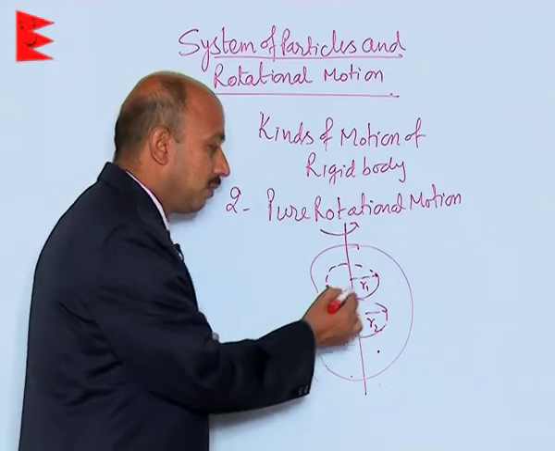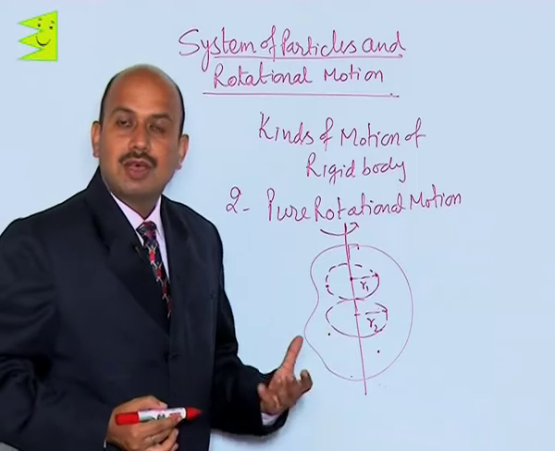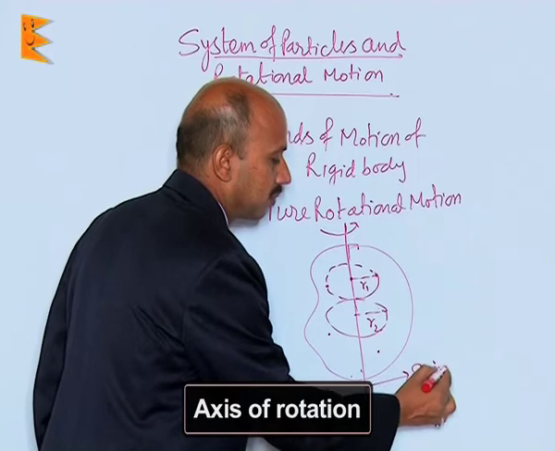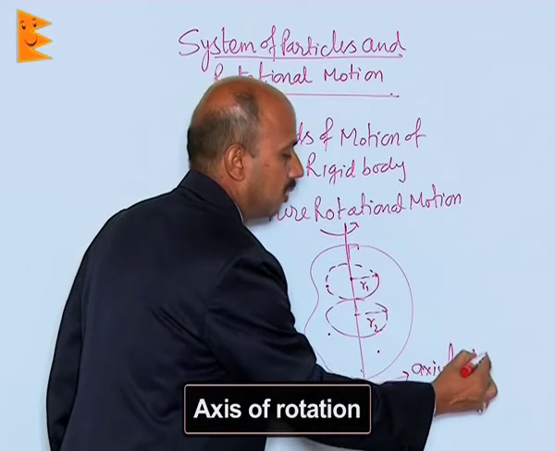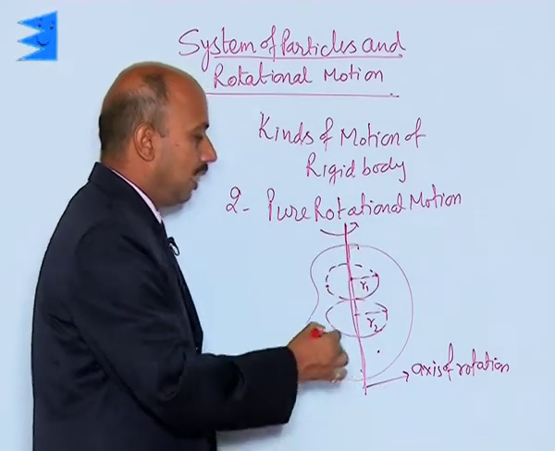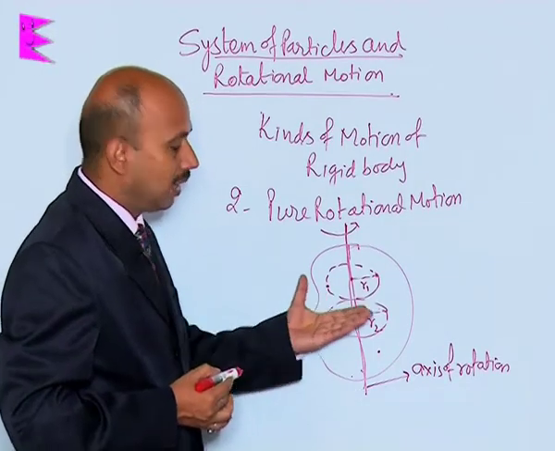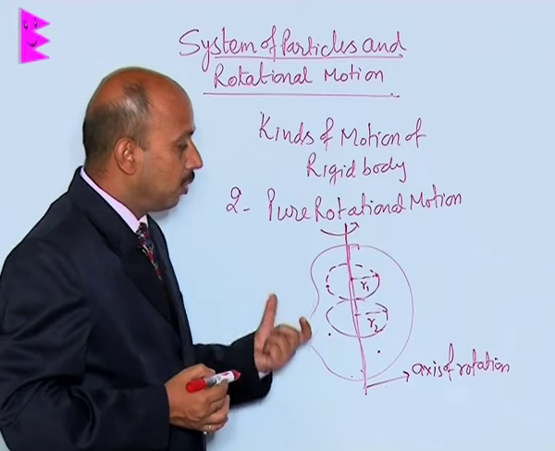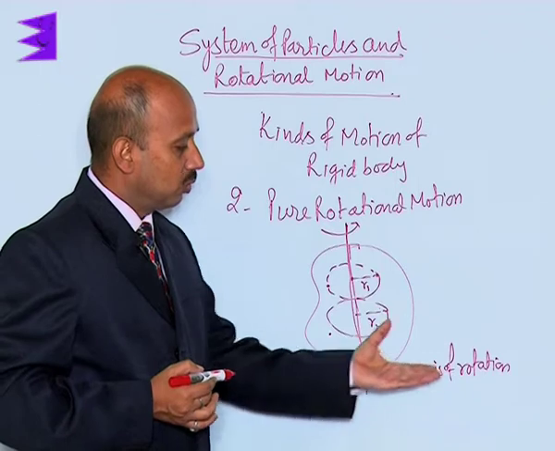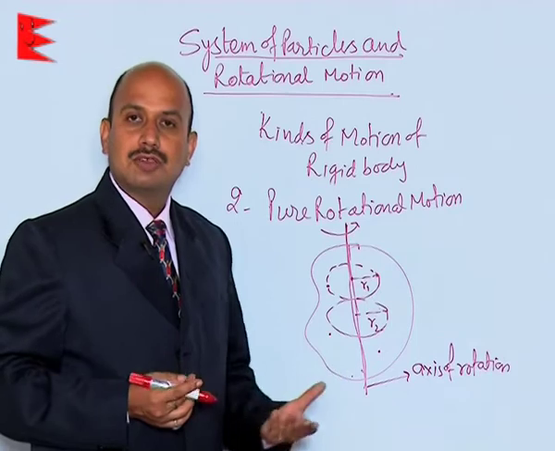This axis is known as the axis of rotation, and this type of motion of a body is known as pure rotational motion.